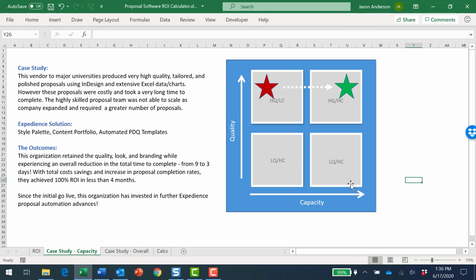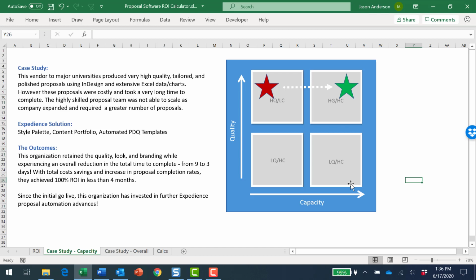Since that first go-live, this organization has actually come back to say, let's evolve, let's grow, let's automate the data elements they were bringing in. They use Excel for a lot of the number-centric elements of their proposals. So the next phase of their evolution of their Expedience proposal automation solution is to automate those Excel variables, metrics and data from the Excel spreadsheets, tables and charts into proposals automatically.